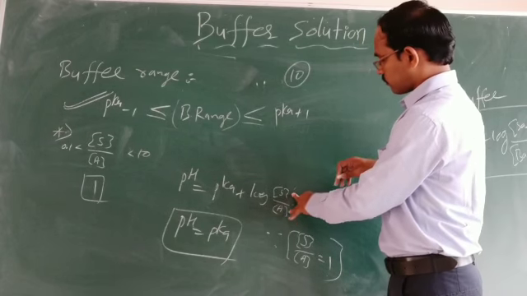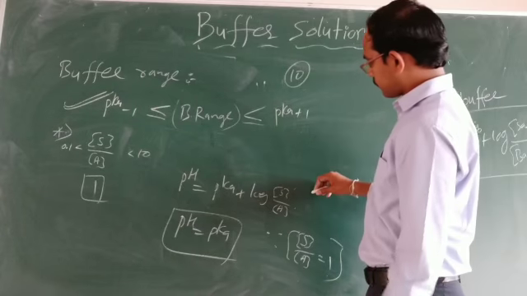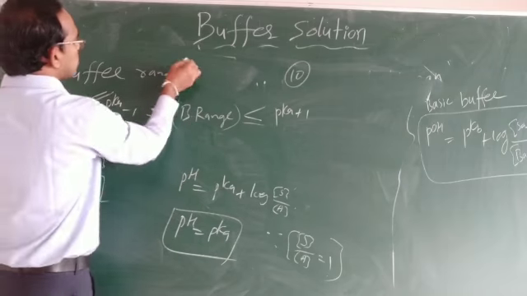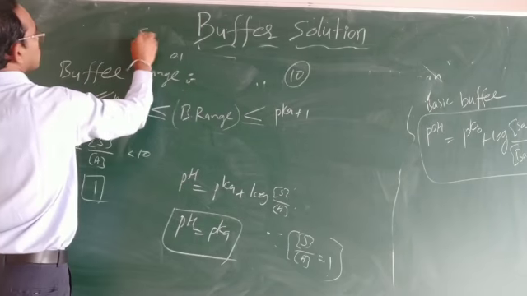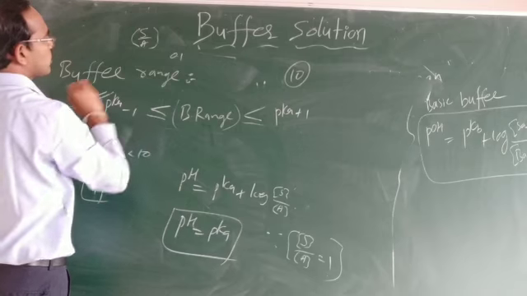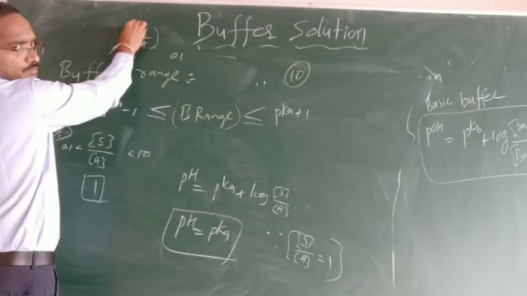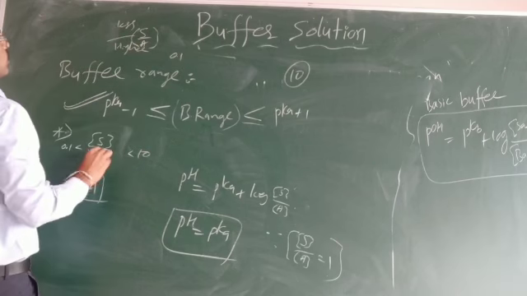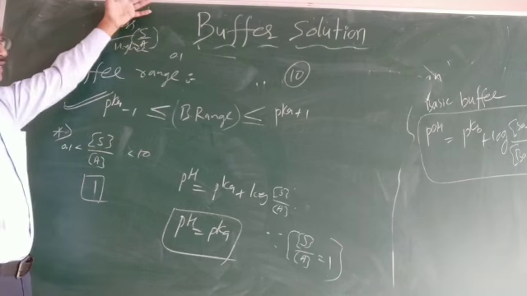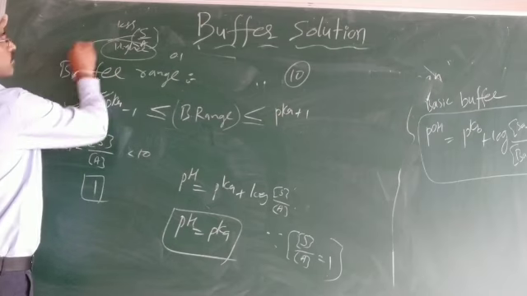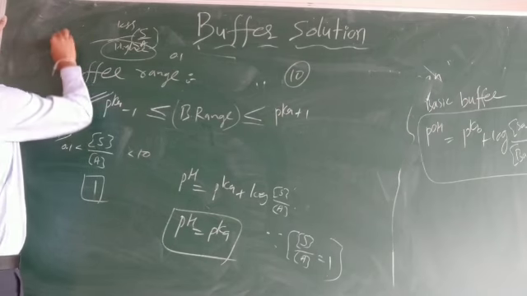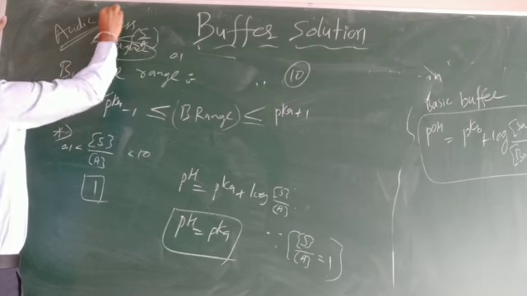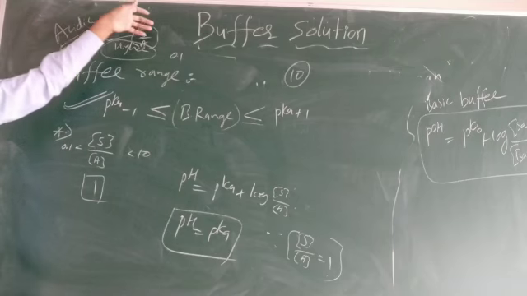Next, the limit here would be 0.1. Salt by acid concentration of 0.1 means acid is more, salt is less. This is the lower value, this is the higher value, right? So when this value dominates, the acid concentration is increasing, so this becomes a total acidic solution, because acid is dominating.